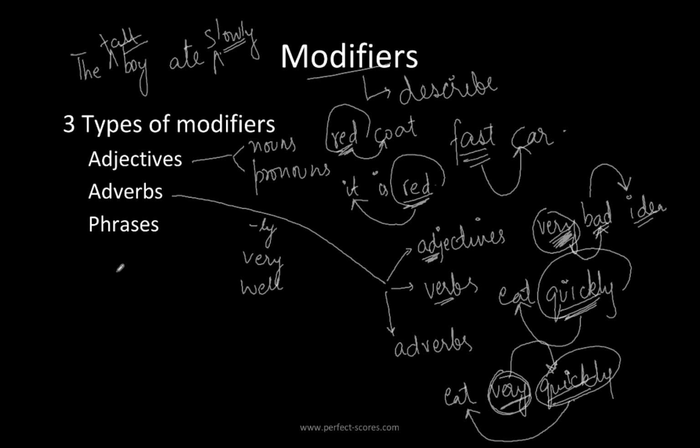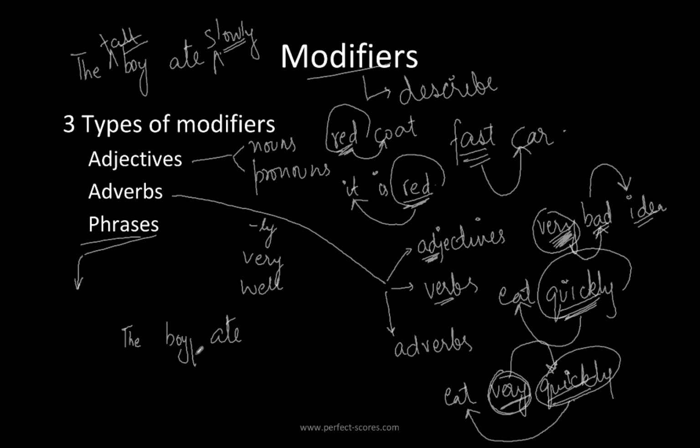But the one that's used the maximum number of times and tested a lot in the tests is the modifier phrase. Phrases are actually complete groups of words that modify something. Let's take the same example. The boy ate. And I want to describe something about, let's say, the boy.